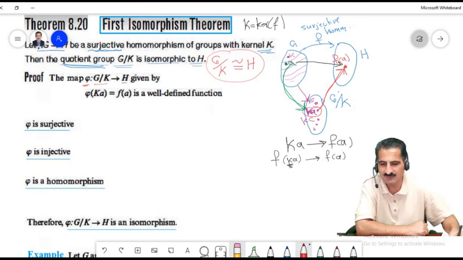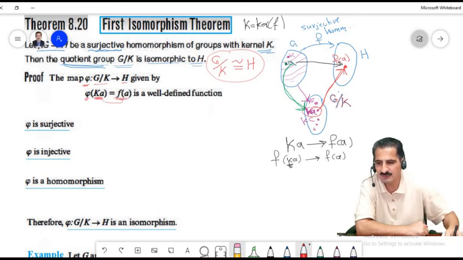G over K consists of cosets. So this map phi will take elements that are cosets to the images of these elements. So it will take a coset Ka to the image of a.